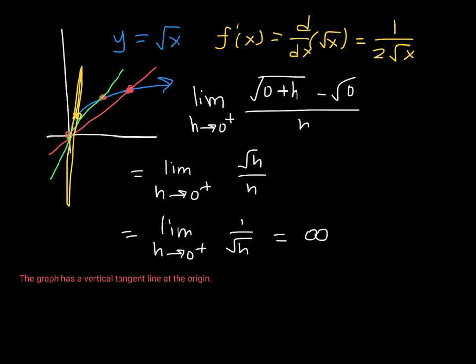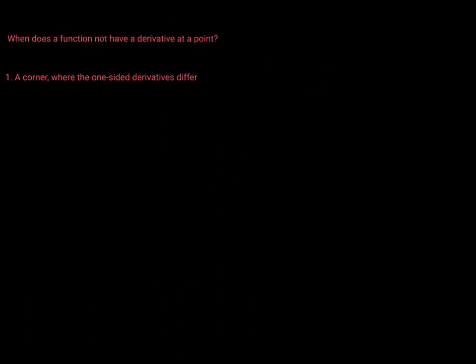All right, I think we need to explore this just a little bit more. When does a function not have a derivative at a point? When is a function not differentiable at a particular point? The first case that we would like to consider is kind of what we just talked about: a function does not have a derivative wherever there's a corner.